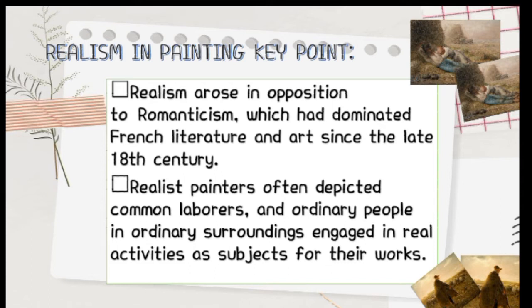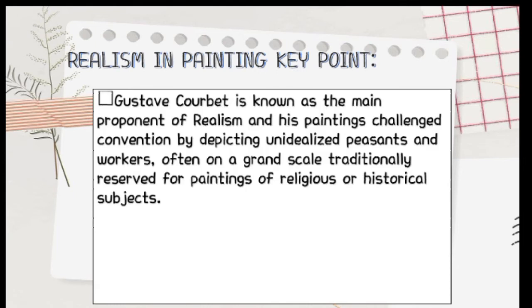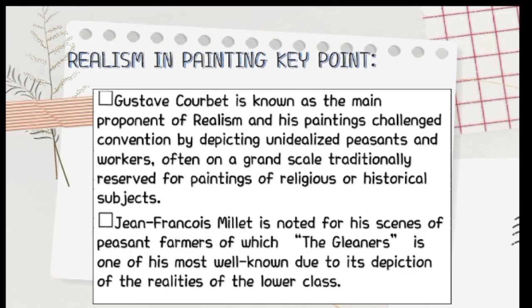Gustave Courbet is known as the main proponent of realism, and his paintings challenge convention by depicting idealized peasants and workers, often on a grand scale traditionally reserved for paintings of religious or historical subjects. Jean-François Millet is noted for his scenes of peasant farmers, of which the gleaners.